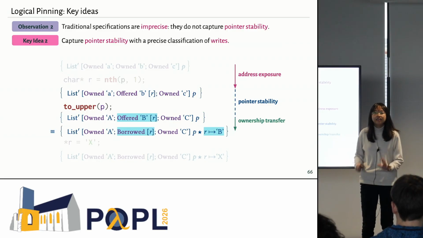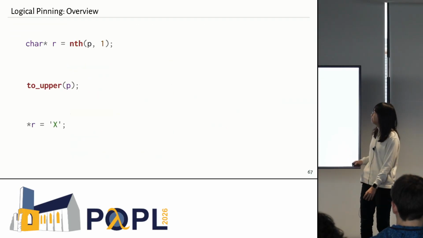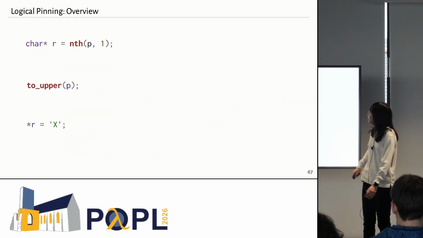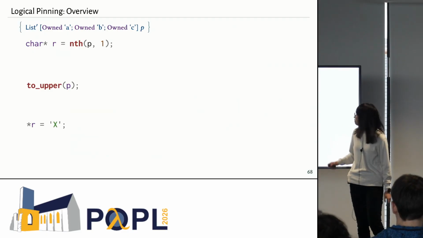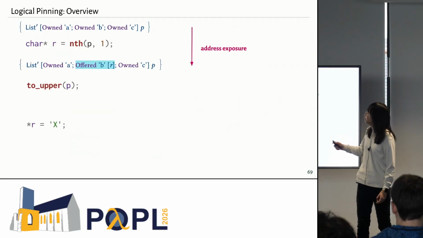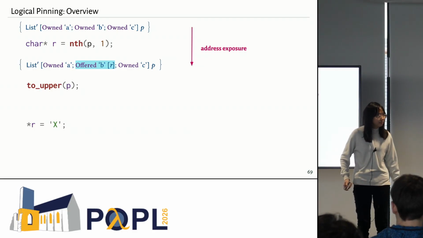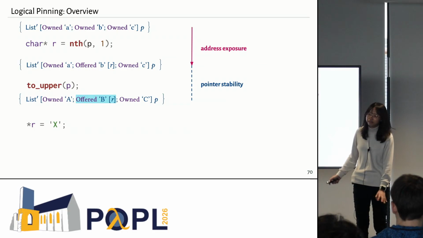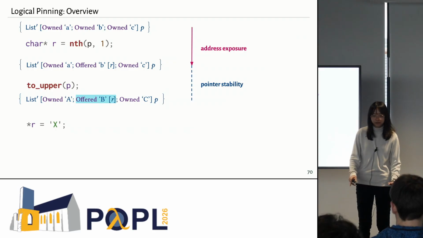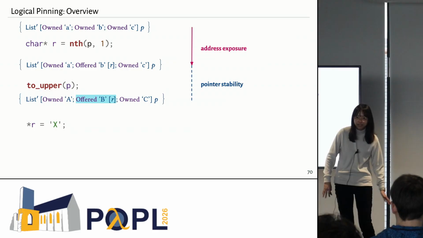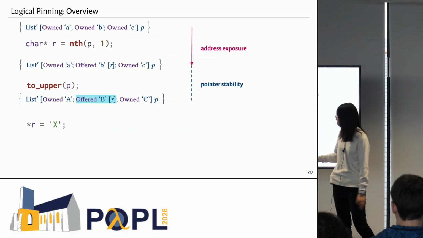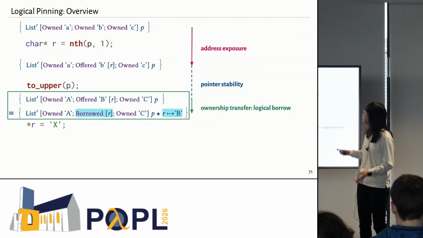So to combine these two key ideas together, now we can see the full proof coming out. At the beginning, everything is owned. And then after the new, we expose B is offered at location R. Two-upper is going to preserve all these borrowing states, so it becomes capital B offered at location R. And then we do the ownership transfer here.